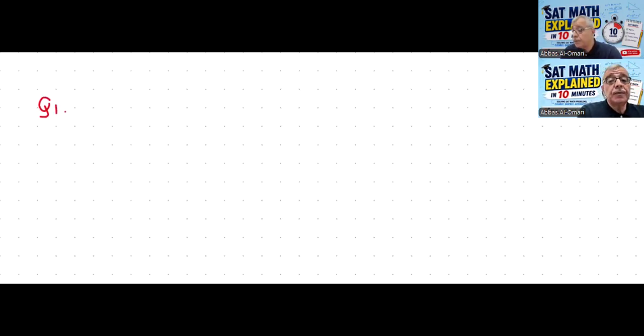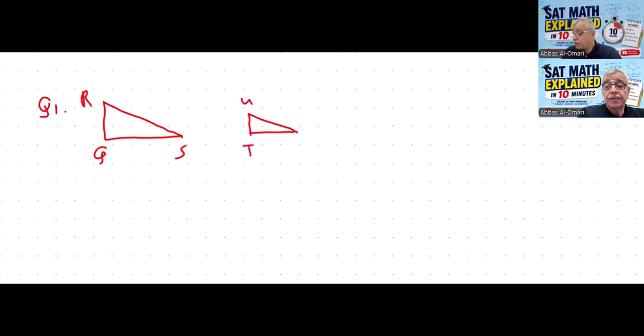One is RQS, and the other triangle is UTV. So these are similar triangles.